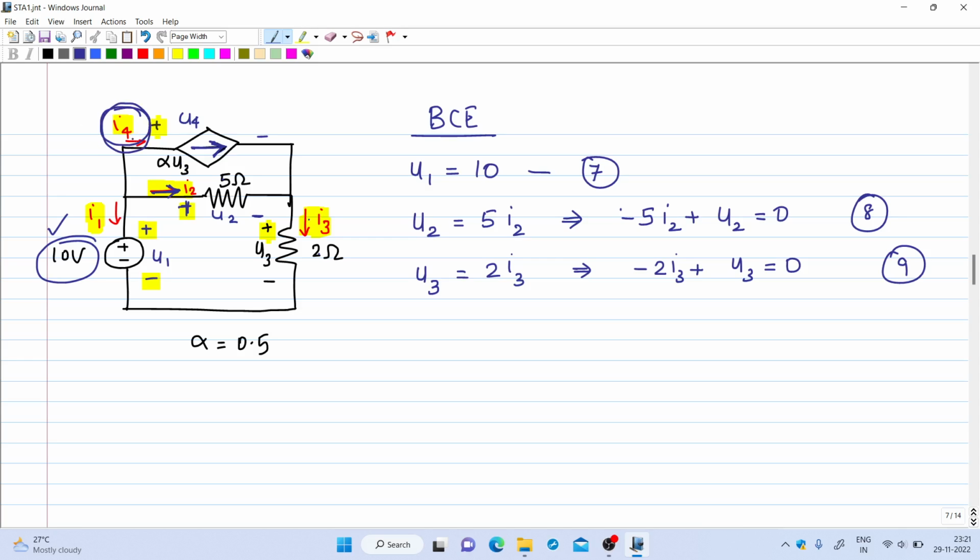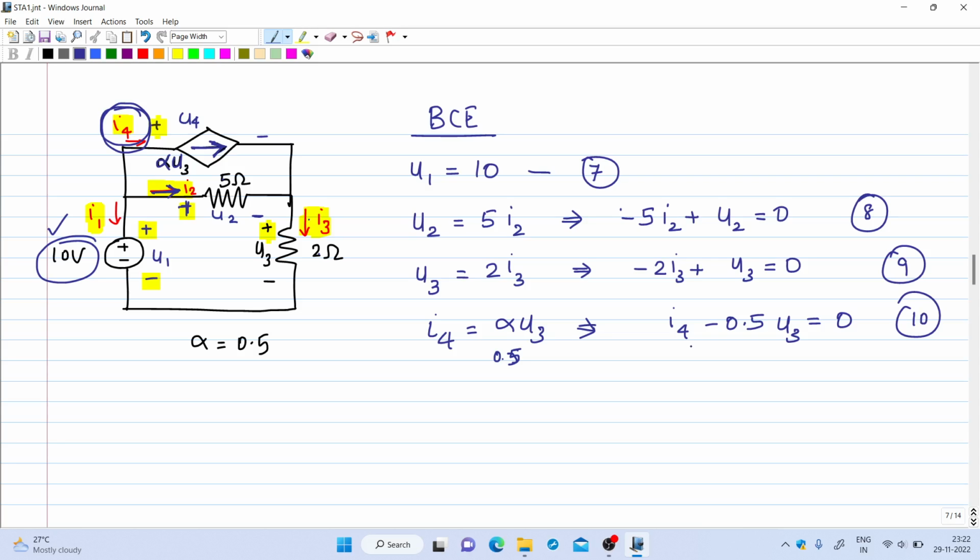That branch current is I4, and since it is a voltage controlled current source, the magnitude is alpha U3. So I4 equal to alpha U3 is the equation. Alpha is 0.5, so I4 equal to 0.5 U3, or I4 minus 0.5 U3 equal to 0, is our 10th equation.